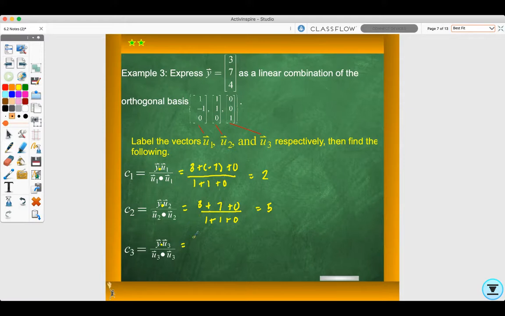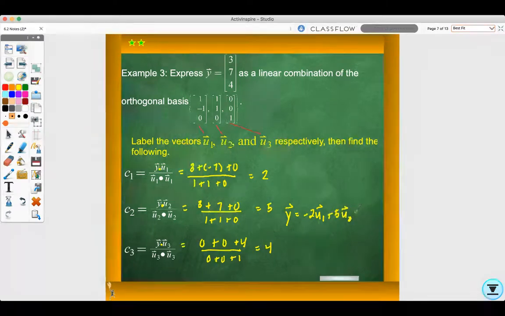And here we should have 0 plus 0 plus 4, all over 0 plus 0 plus 1, and that equals 4. So when I express this, y would be negative 2 times u1 plus 5 times u2 plus 4 times u3.